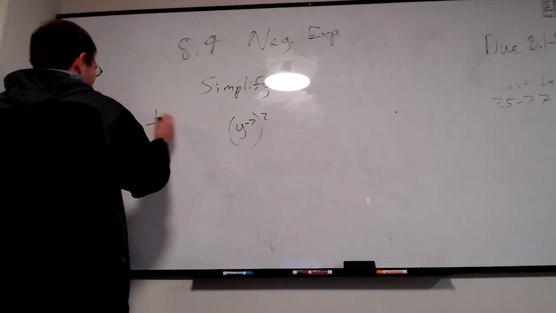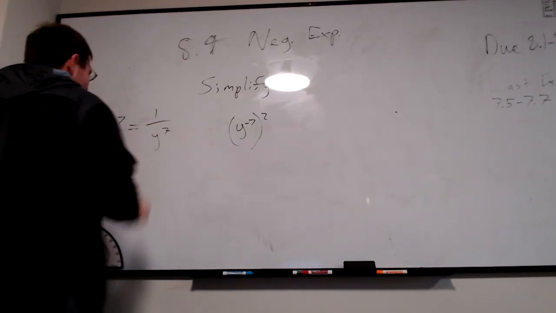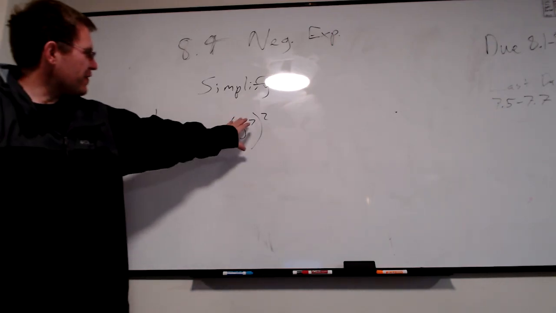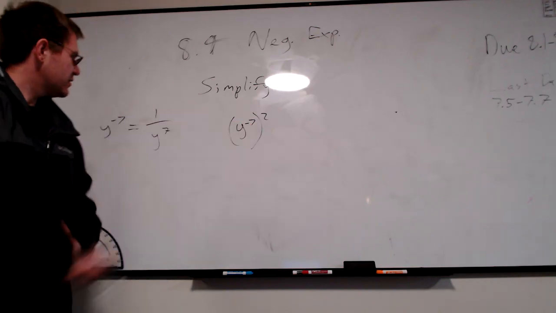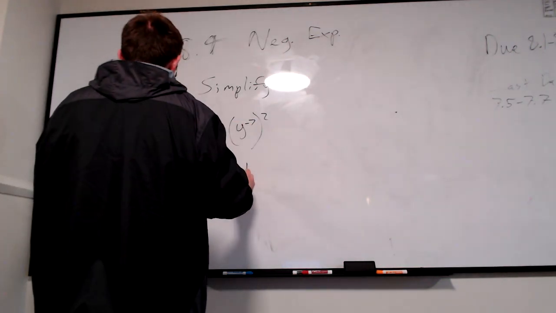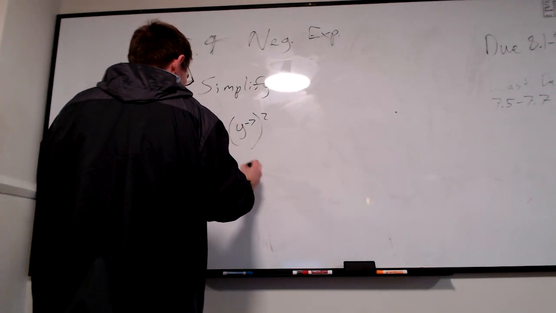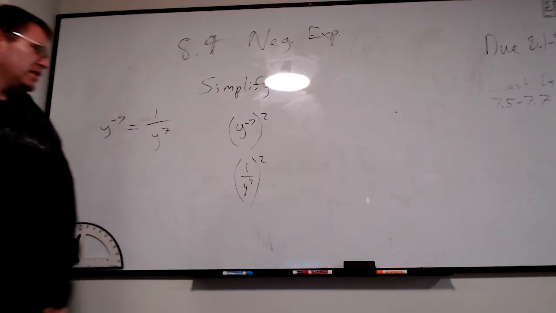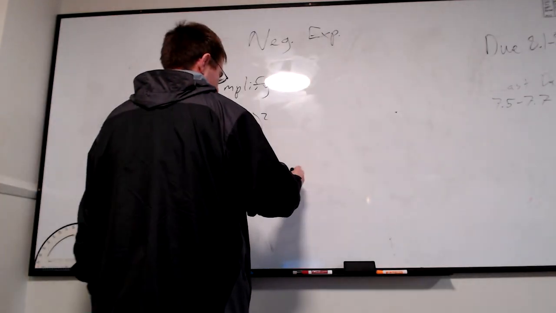Yeah, that's exactly it. So we have 1 over y to the 7, and then we have it to the power of 2. What does that work out to?